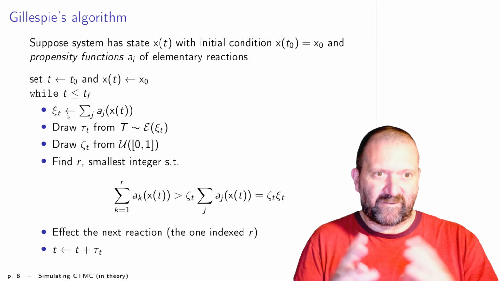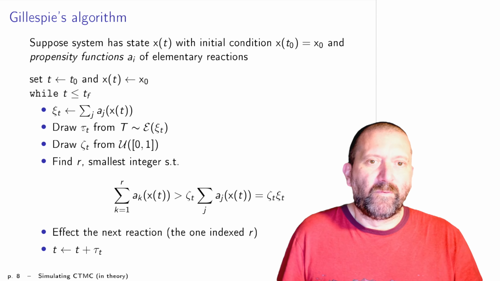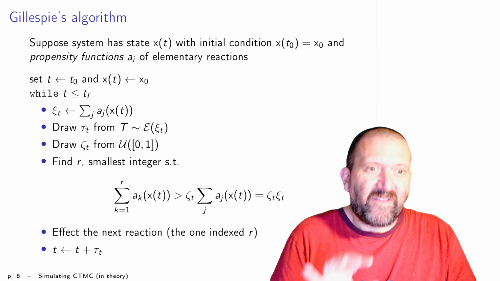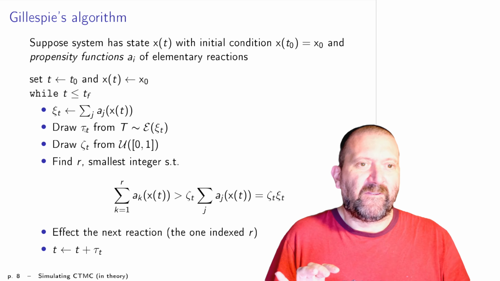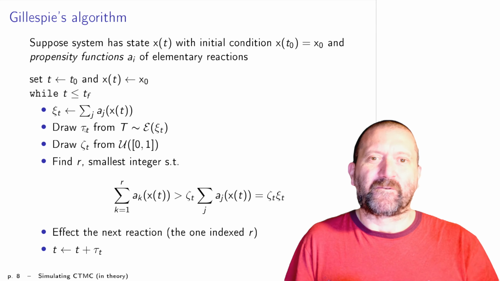So sigma of t is just the sum of the weights, and this sum of weights actually determines the time at which the next event is going to take place.